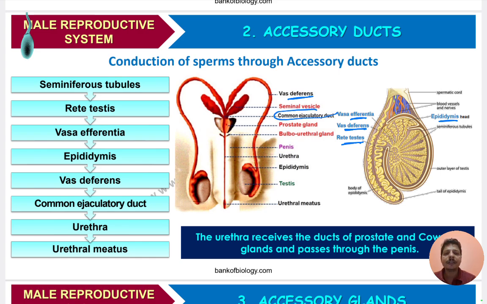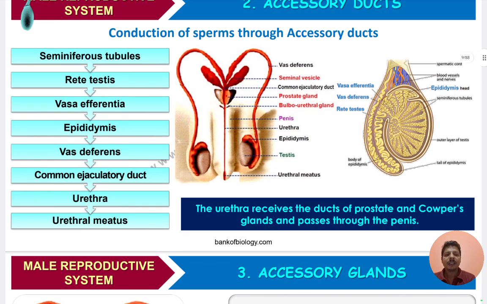It is labeled here, then the urethra and urethral meatus. The top portion of the penis is called the urethral meatus.